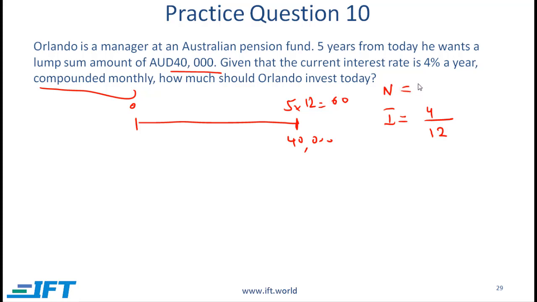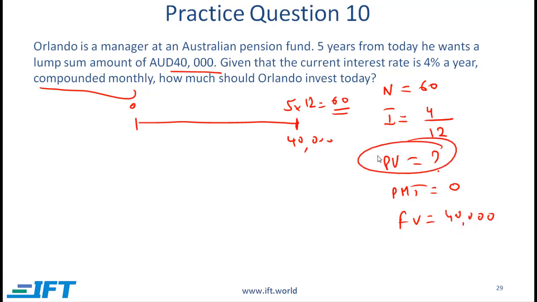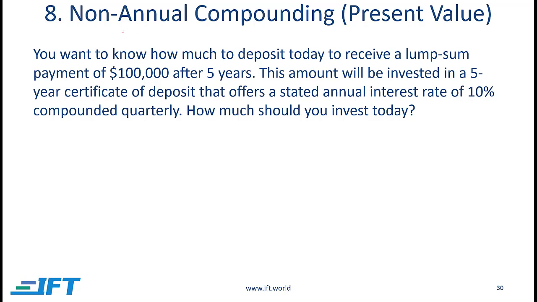The number of periods is equal to 60, which is what we've calculated here. The present value is what we need to find out. The payment is equal to 0. The future value is 40,000. You plug in the numbers, compute the present value, and you should get 32,760.